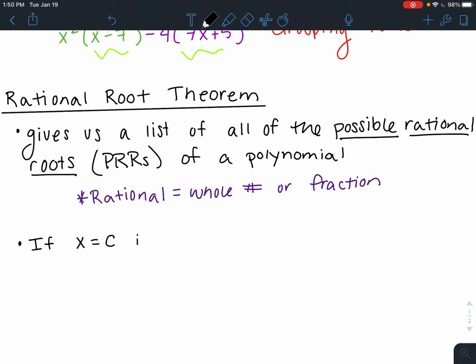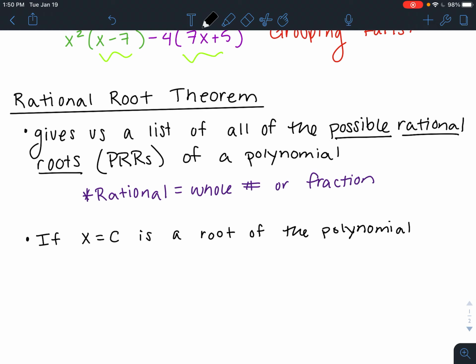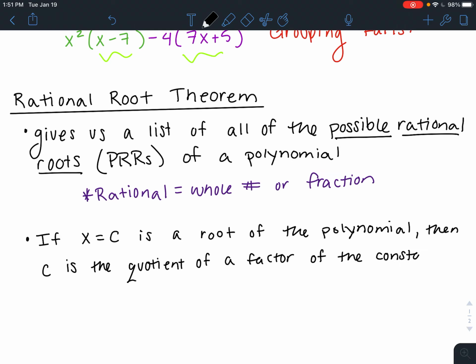If x equals c is a root of the polynomial, which means that c is one of the x-intercepts of the function, or f of c is equal to 0, then c is the quotient of a factor of the constant divided by a factor of the leading coefficient of the polynomial.